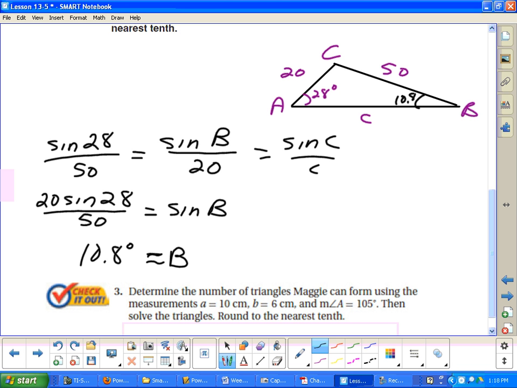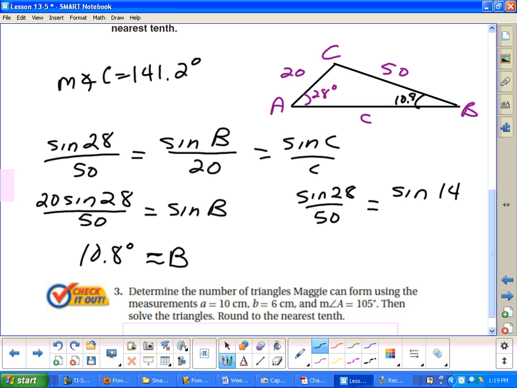All right, so what's angle C equal to then? 141.2. That would be 180 minus 28 minus 10.8. So now we'll do sine of 28 over 50, because I know that ratio, so I'm going to use it from the beginning, equals the sine of 141.2 over side c.